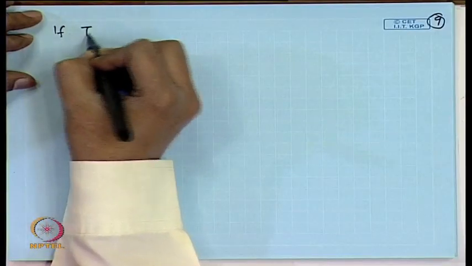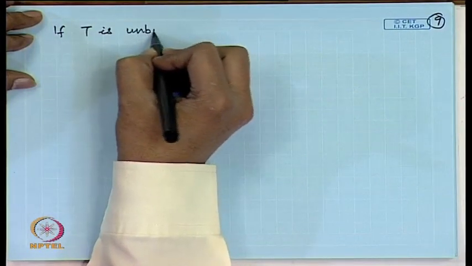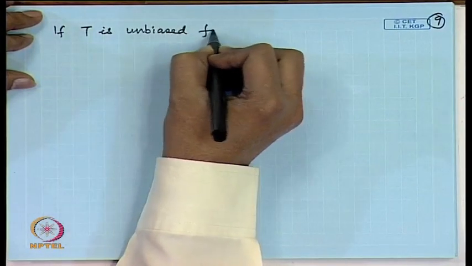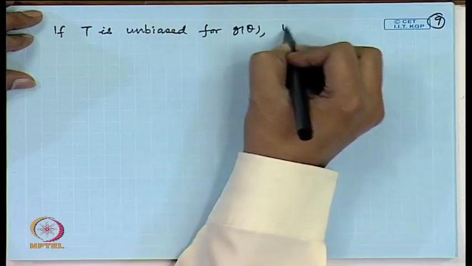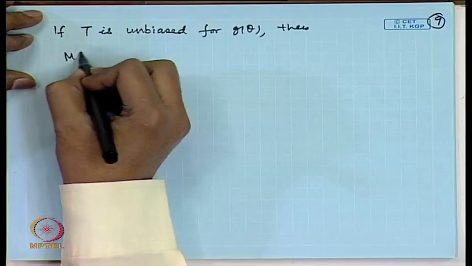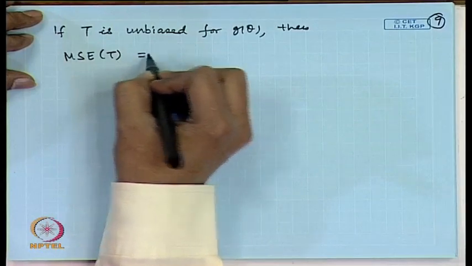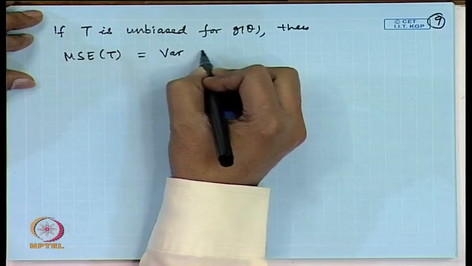If T is unbiased for g theta, then mean squared error of T is called to be variance of T.